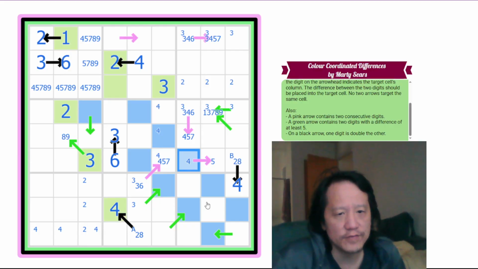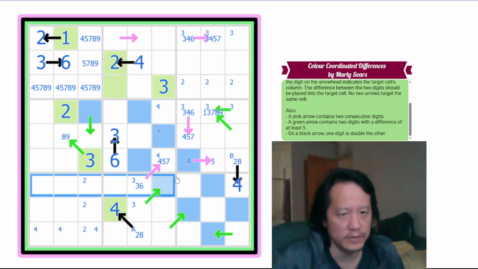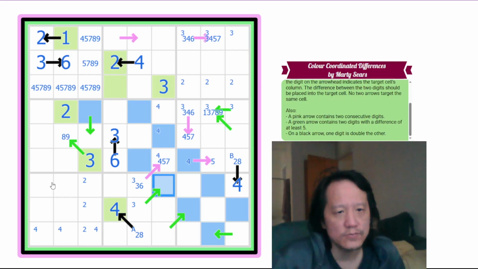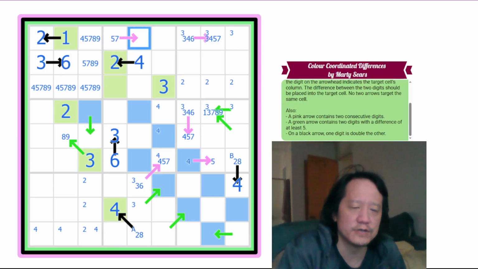Then we have 5 or 7 with 6. Or 5 or 7 with 6, right? So obviously it can't be here. Could be here. 5 or 7 with 6.